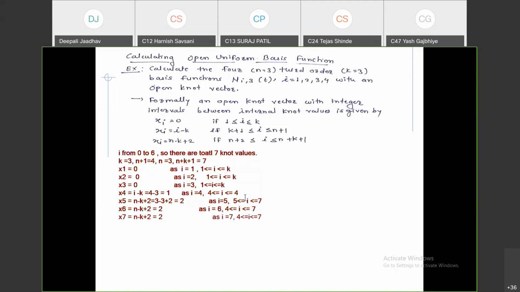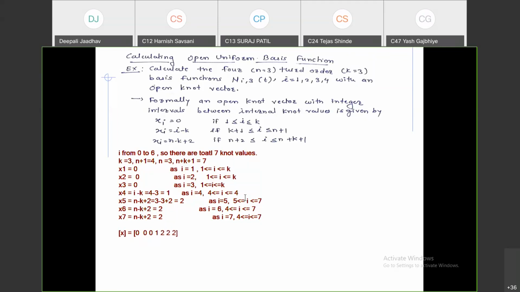So the knot vector for the current example is the x values xi, x1, x2, x3, x4, x5, x6, x7, that we need to put in the original equation of the B-spline curve. So these values are: first is 0, second is 0, third is 0, fourth is 1, fifth is 2, sixth is 2, seventh is 2.